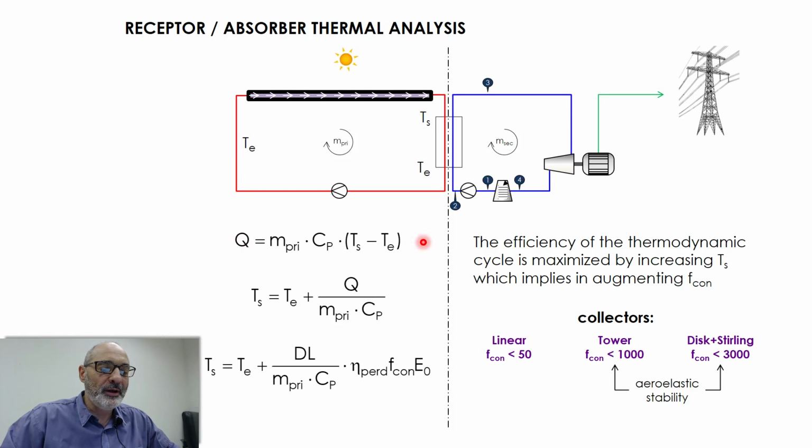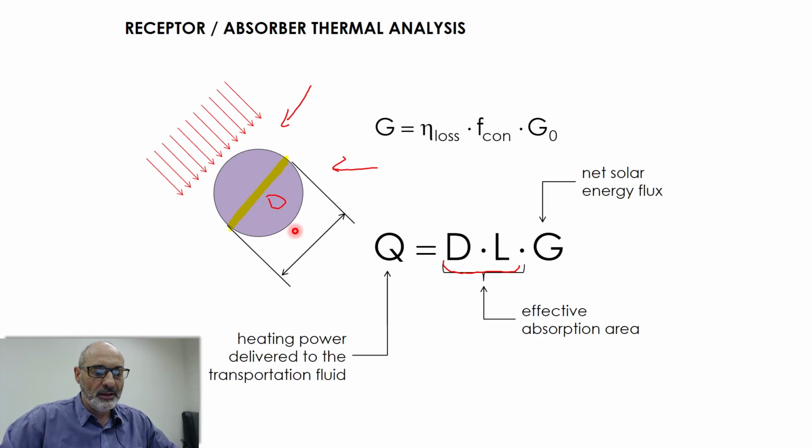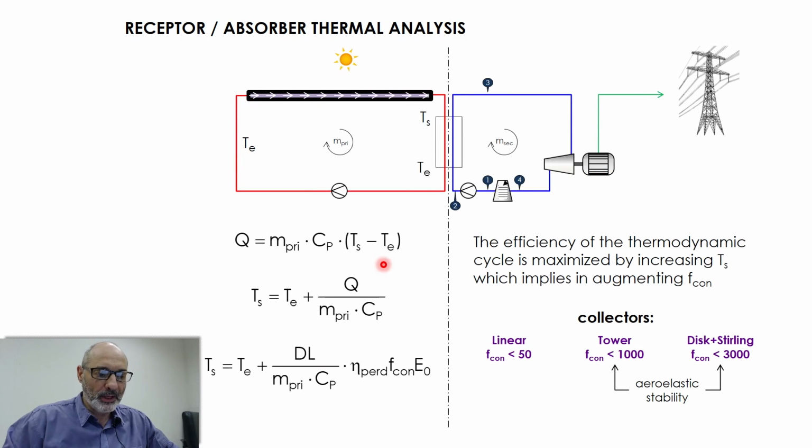If we apply the first law of thermodynamics here, the amount of heat absorbed, this quantity Q, is this quantity here. Now I'm just looking at the fluid. What happens to the fluid when it absorbs this energy Q?